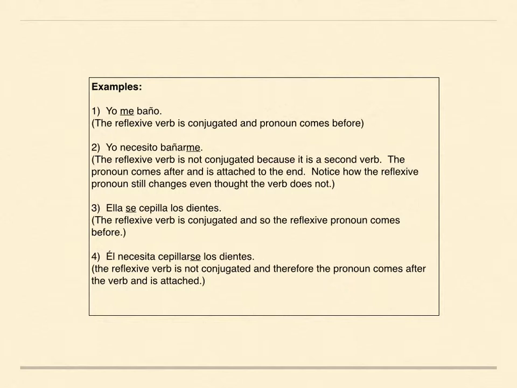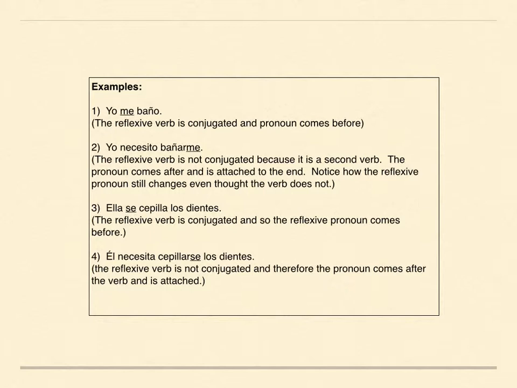However, the se portion, the little pronoun at the end, does still change. So in a two-verb situation, the verb itself, bañar, in this case, will stay the same. The pronoun, however, does still change. It will come at the end and be attached to the verb.